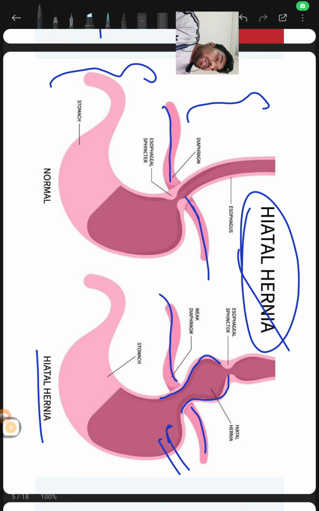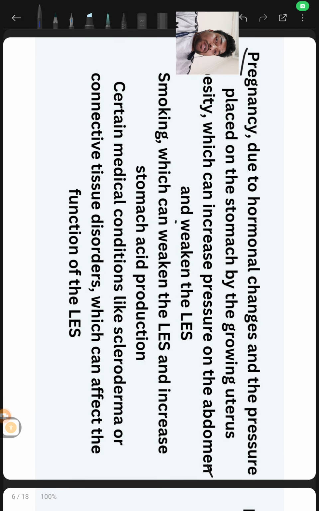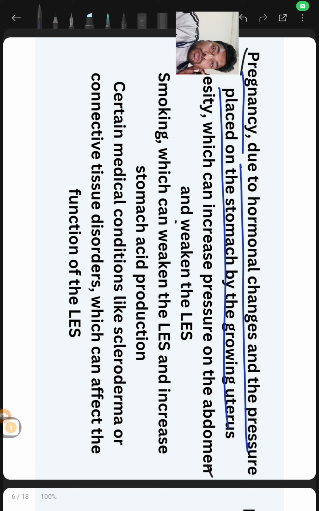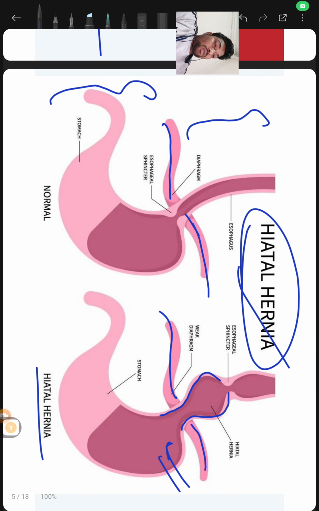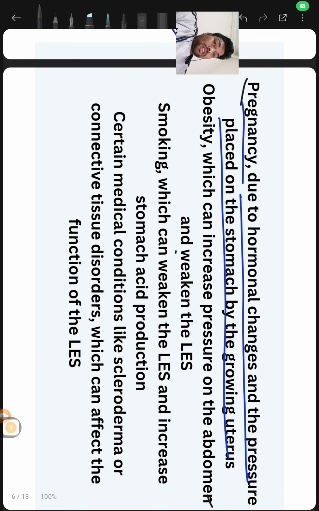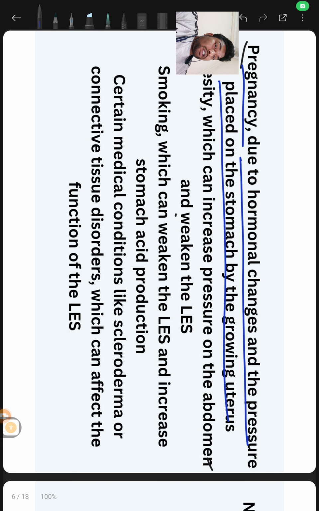Right? Now also, pregnancy can cause an increase in the pressure in the stomach, which causes the reflux of acids back into the esophagus, leading to GERD.